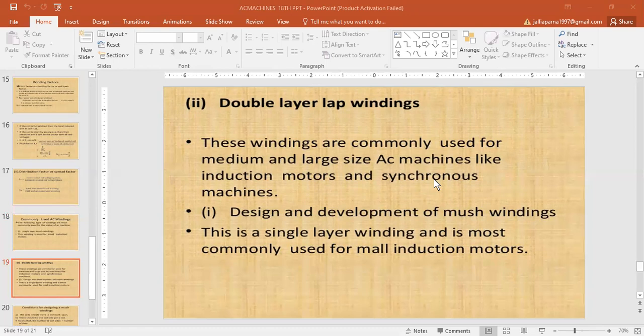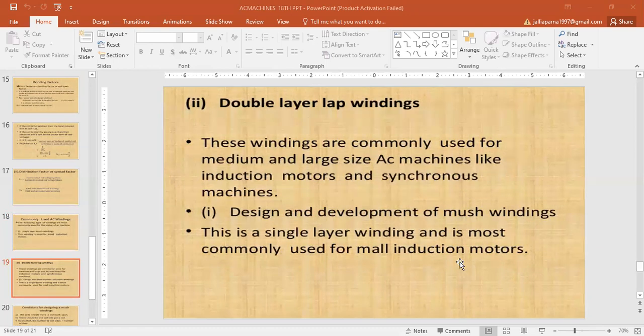Design and development of mesh winding. This single layer winding is most commonly used for small induction motors.